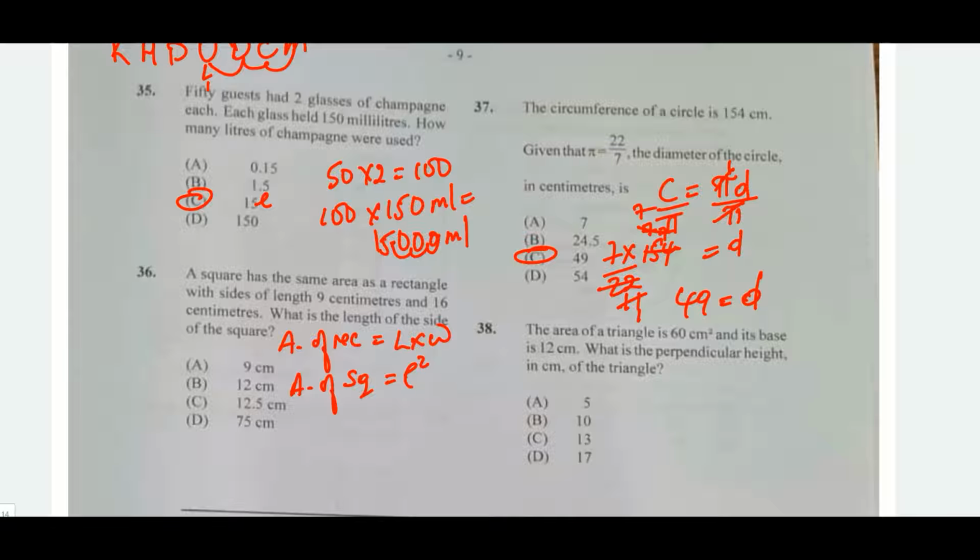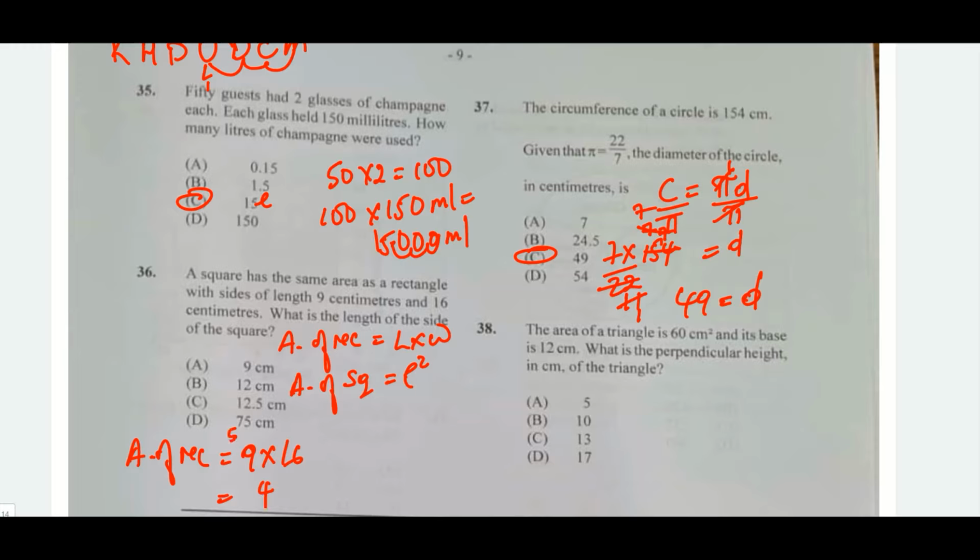Alright? So that they have the same area, it's 9 times 16. So the area of the rectangle, 9 times 16: 9 times 6 is 54.